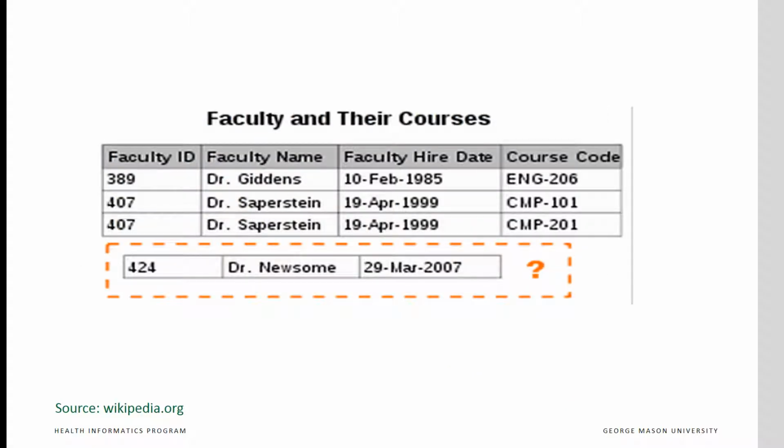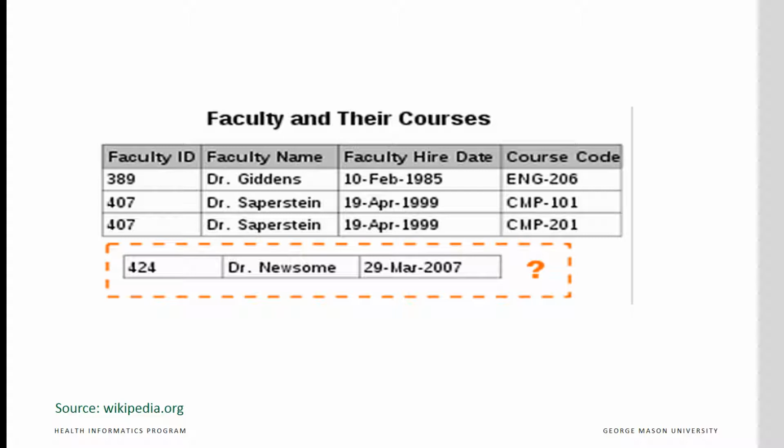Insertion anomaly refers to circumstances in which certain facts cannot be recorded at all. For example, each record in a faculty and their courses table might contain a faculty ID, faculty name, faculty hire date, and course code. Thus, we can record the details of any faculty member who teaches at least one course.